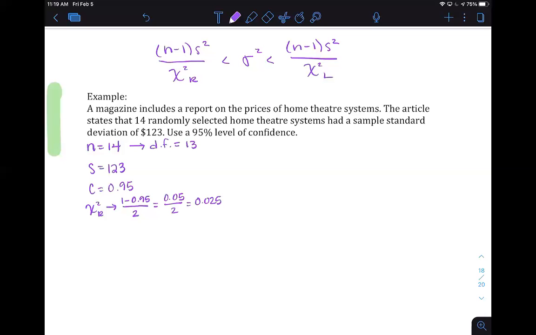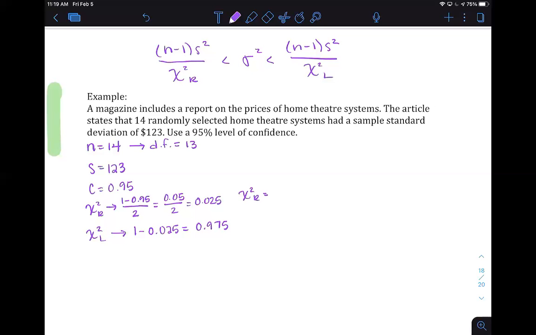All right. Which means our alpha for chi-squared left, 1 minus 0.025 gives us 0.975. Okay, so looking at your table, chi-squared right, degrees of freedom is 13.